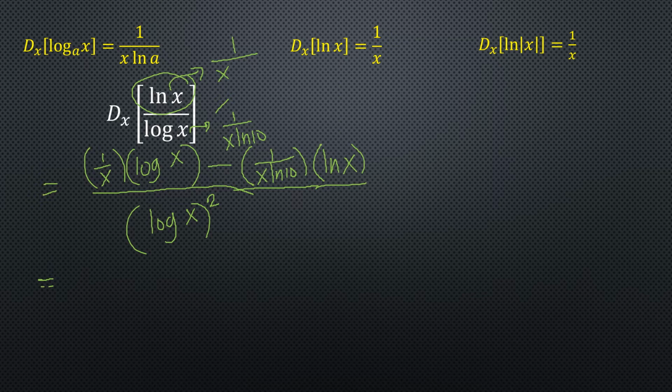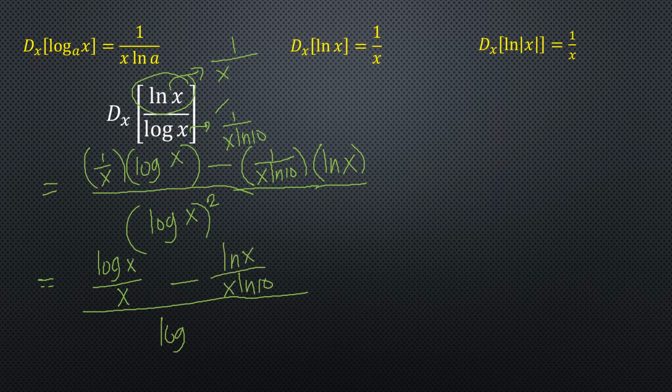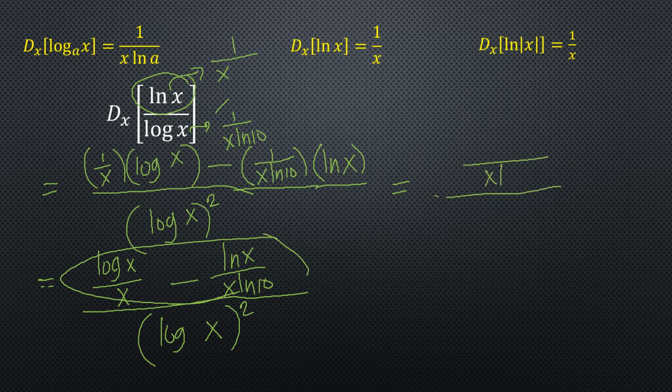Now we have logarithm of x over x minus ln of x over x ln of 10, over logarithm of x, the quantity squared. Okay, now we continue. So we now have the LCD for the numerator here, which is x ln of 10.